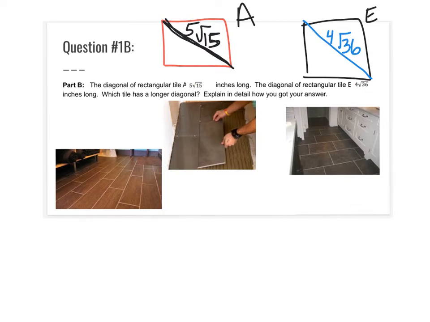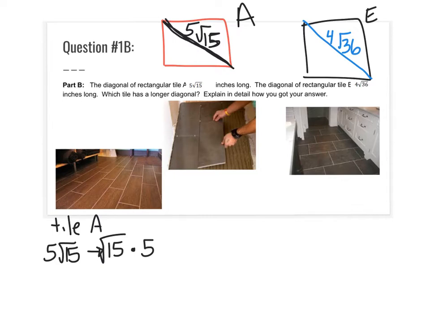Okay, so this is how we're going to calculate it. For tile A, we're going to put into the calculator the square root of 15 times 5, and you're going to come up with a number.